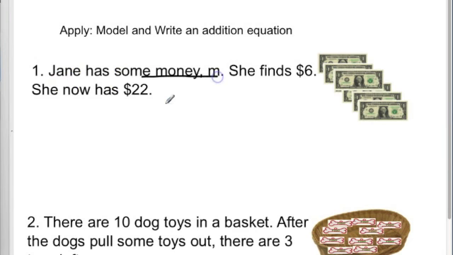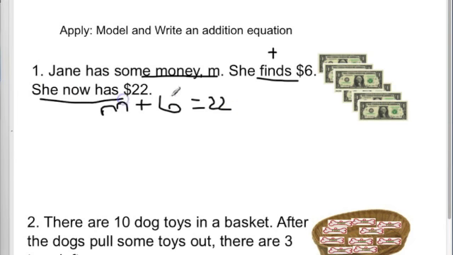So some money M, we would represent with the variable M. She finds $6, and we know the word finds is going to tell us to add 6. And now we're going to add our equal sign. Now she has 22. So M plus 6 equals 22. And that is what this equation is saying.